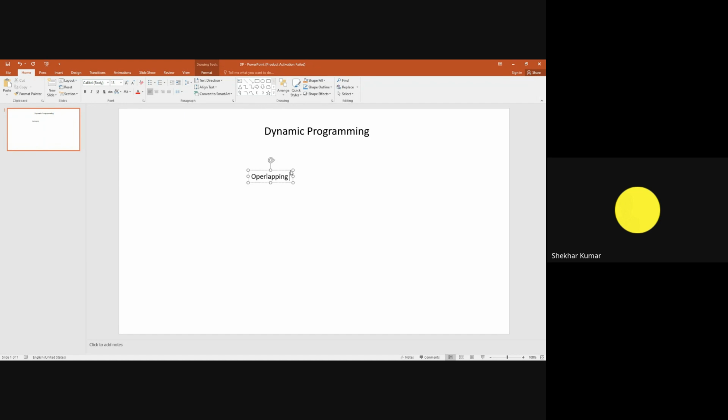In the divide and conquer approach, the solutions are combined to achieve an overall solution. In a dynamic algorithm, we use the output of one smaller subproblem to find out the output of another subproblem.